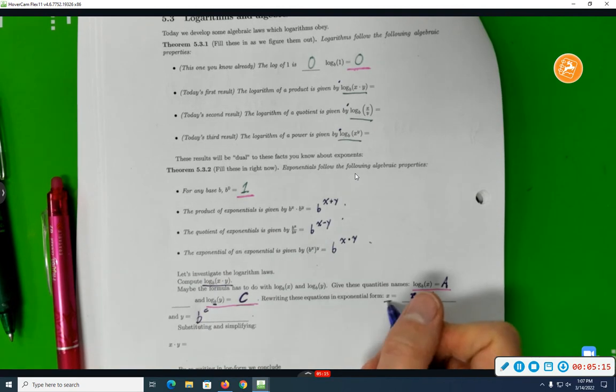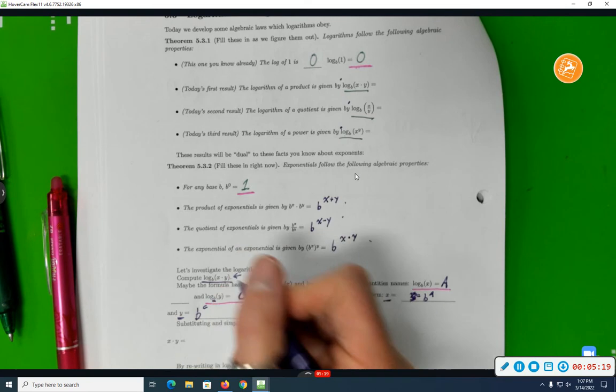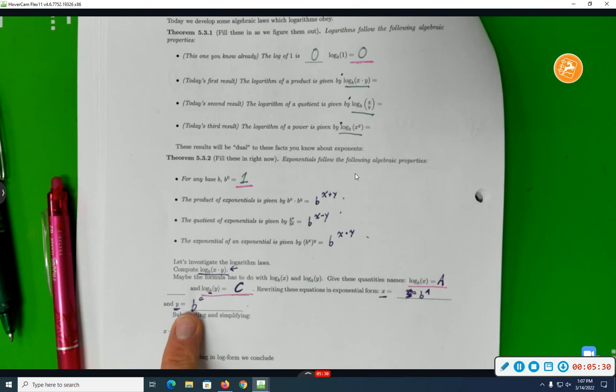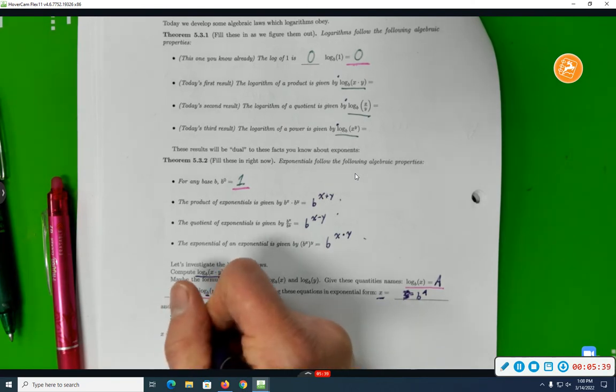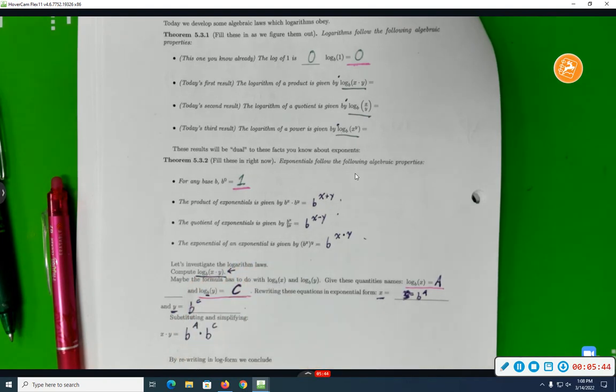So I know what x is. I know what y is. I'd like to know what log base b of x times y is. So let's do that by just thinking about x times y. What's x times y equal to if this is x and that is y? Well, just by substituting, x times y is b to the a times b to the c.